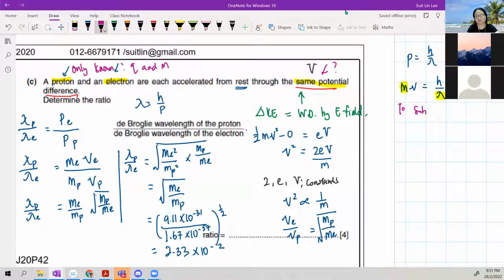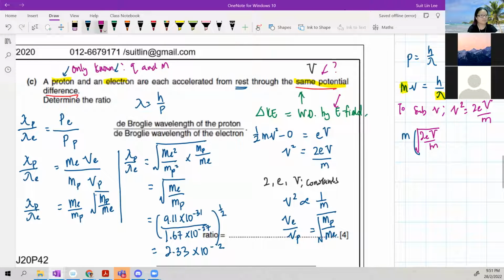Okay, so to substitute V, I'm going to use this equation. So I have V squared is 2 EV over M. Then I put inside M bracket, 2 EV over M whole thing square root, close bracket.